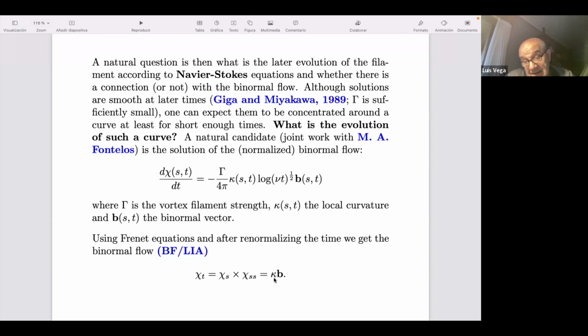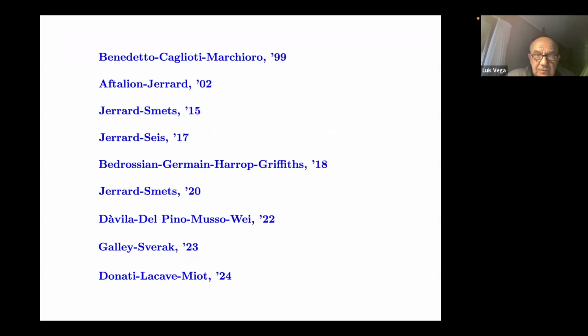If I just say curvature times the binormal, then you have a problem defining the curvature because you would need it to be positive. But that issue does not exist as long as you see the flow in this way. Of course, s is important. You remember that s is the arc length parameter. Okay, let's keep moving.